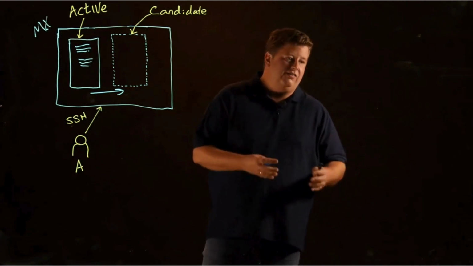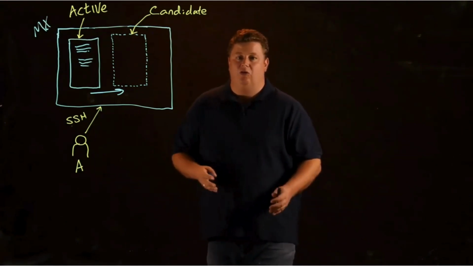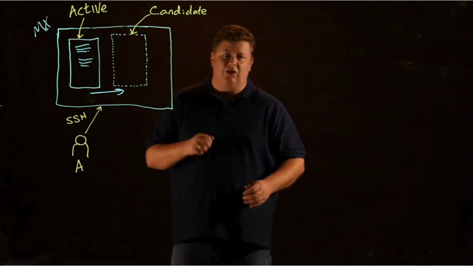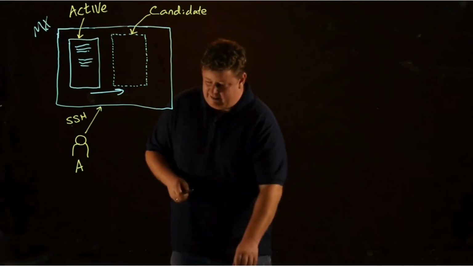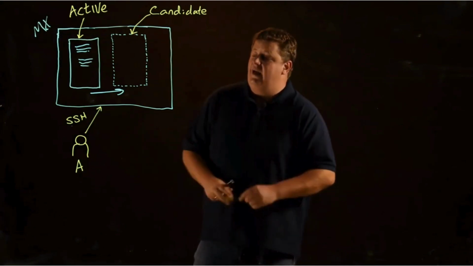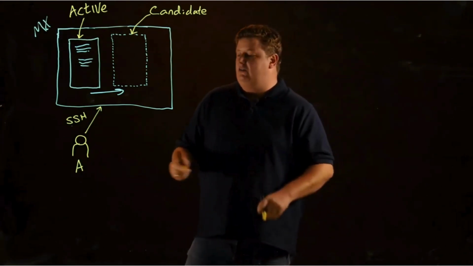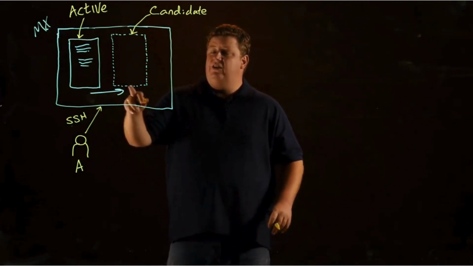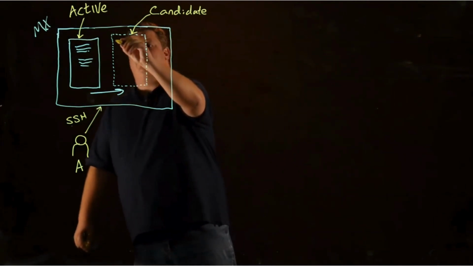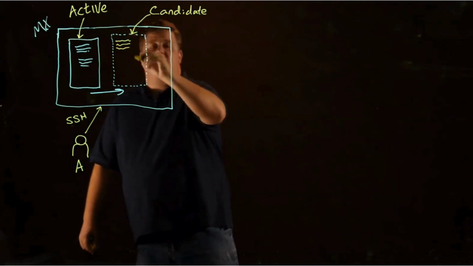Obviously the CLI is enforcing syntax, making sure all the commands you give are valid commands and so on. But the important point is, as we make changes, let's say we've got user A who SSHes into the box, types configure, goes into configuration mode, and then makes some changes. Maybe user A does something very simple.